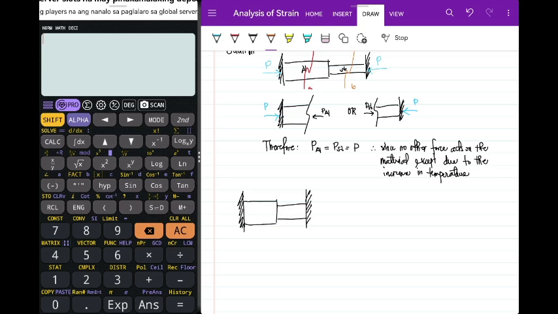So now we are going to follow the procedure in solving thermal stresses, which is to account for what happens if the materials are free to expand, meaning no supports. So let us consider as if this is removed.